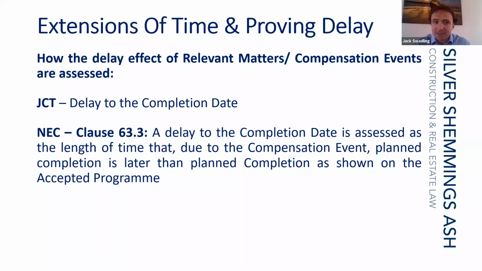Well, it means that a relevant matter might occur, something that causes delay, but if that delay is not critical to the completion date, so the works can be moved around in such a way that there's some float in the program for that particular activity that's been affected, then there is no entitlement to an extension of time. There may well be an entitlement to loss and expense for disruption.